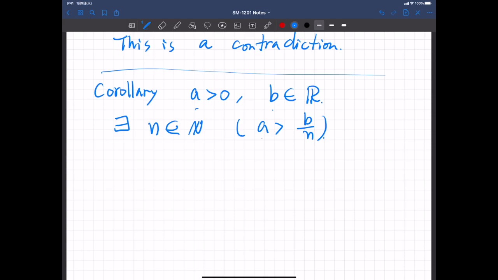That's it. But this form is handy in many cases because this says however big this B is, B can be negative, in which case this is trivial. Even if B is positive and very large, larger than A, if we take a big enough natural number, then B over n can always be less than A.